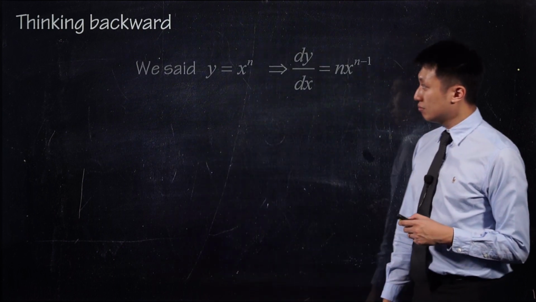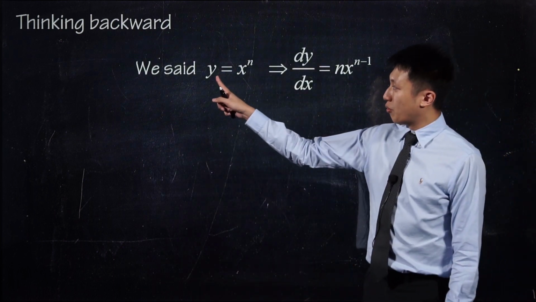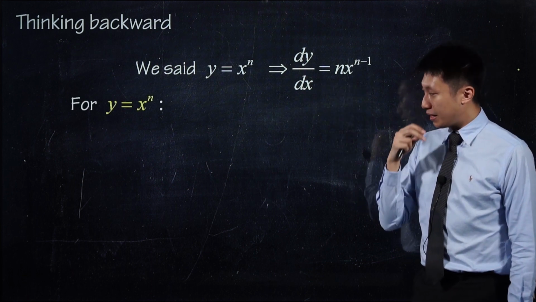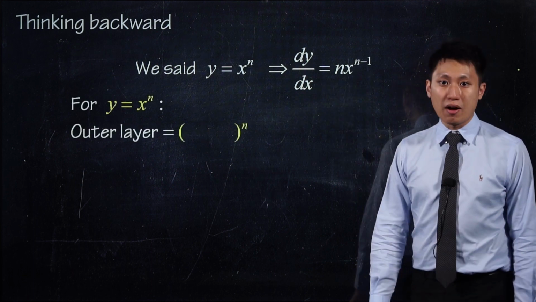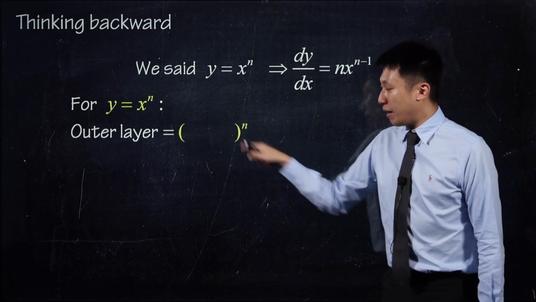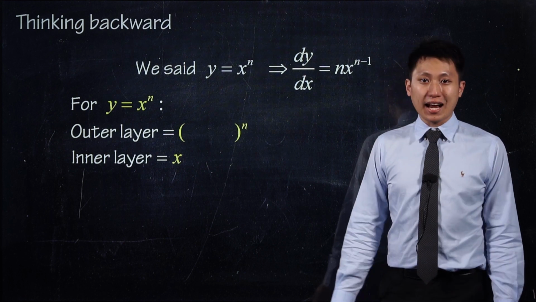Thinking backward, if y equals x to the power n, this is the basic formula. For y equals x to the power n, the outermost layer is this thing to the power n, and the inner layer is actually x itself.